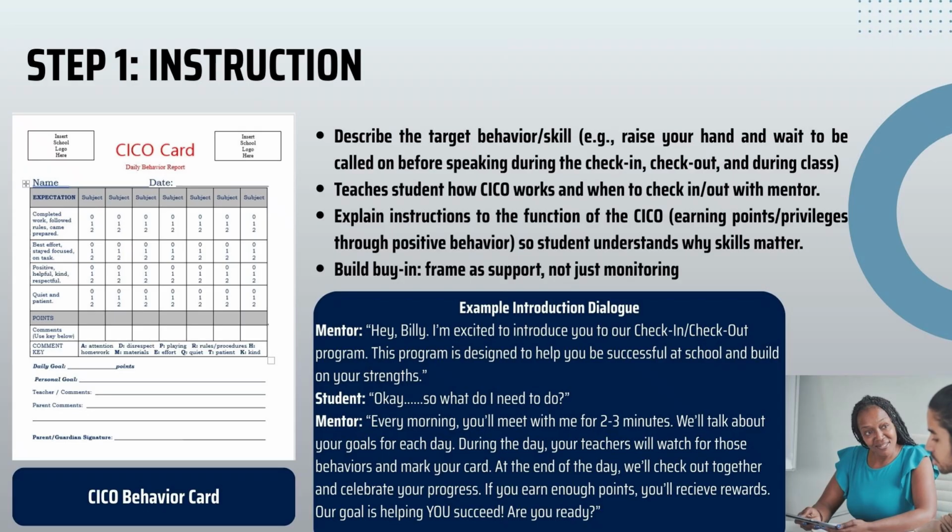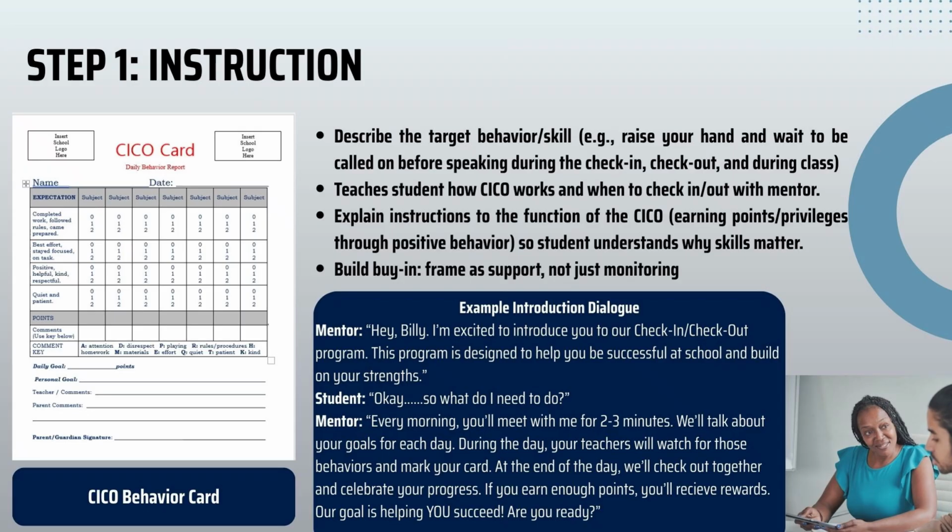So basically what the instruction is, first your mentor describes the target behavior to the student. So, hey, raise your hand, wait to be called on before speaking. During the check-in and check-out or during class, you explain to your student how check-in and check-out works and when to check in and out with your mentor.